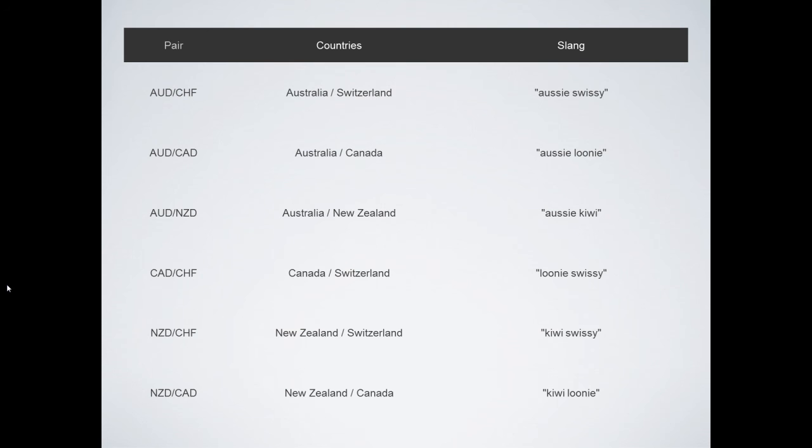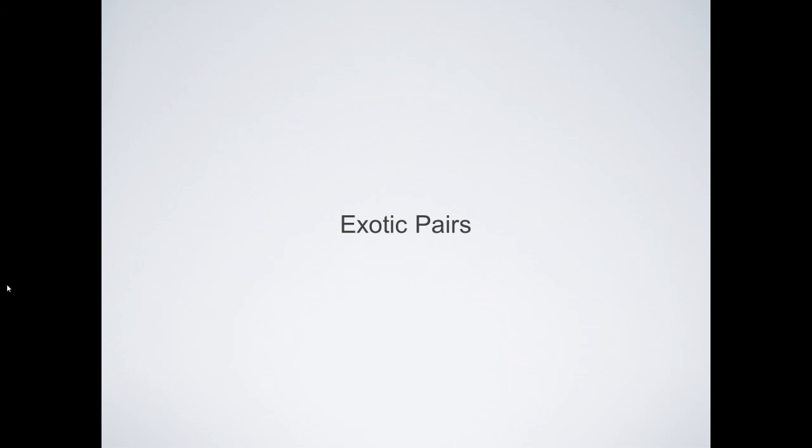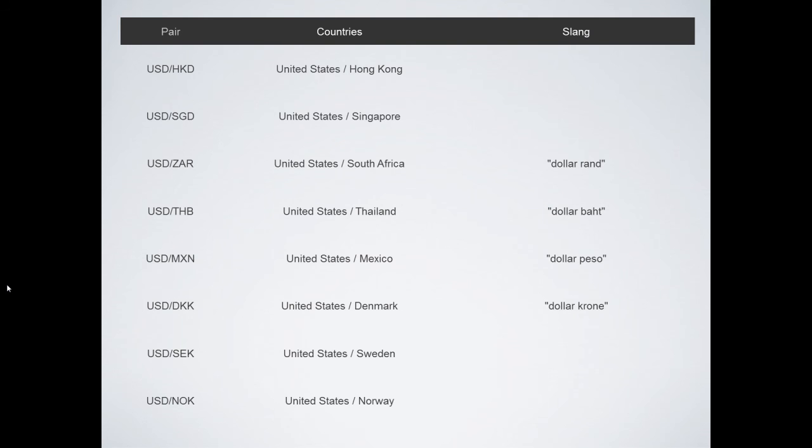Now, there's also something that people will call exotic pairs. Typically, I wouldn't advise people to focus on these too much at the beginning, simply because the spread can easily be 2, 3, 4 times bigger than you would have on the major currency pairs. But exotic pairs, basically, the politically correct term would be any country where they've got an emergent economy.